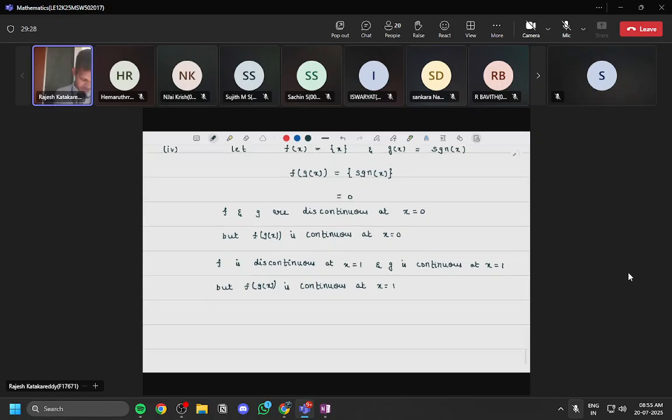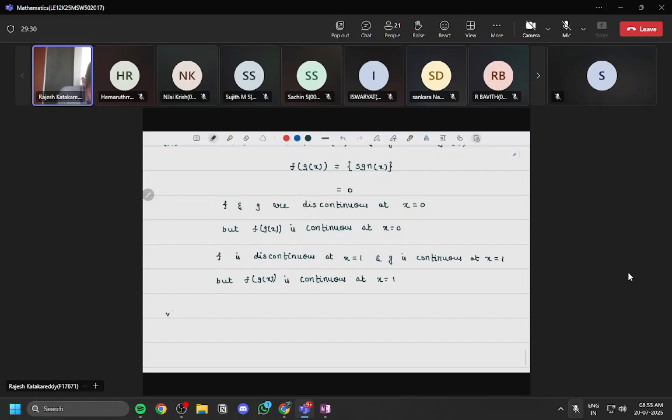No doubts, right? Now let us take a function f of x is equal to greatest integer of x square, right? So if you notice, y is equal to x square will be decreasing till x is equal to 0. From there, it will be increasing. Clear?